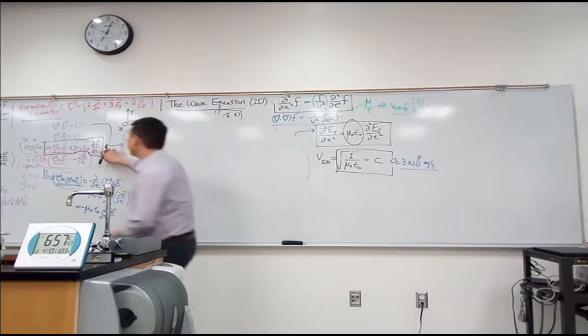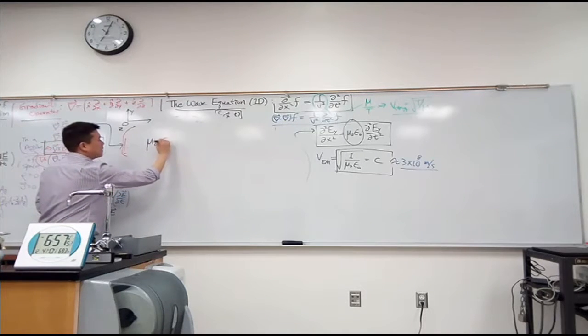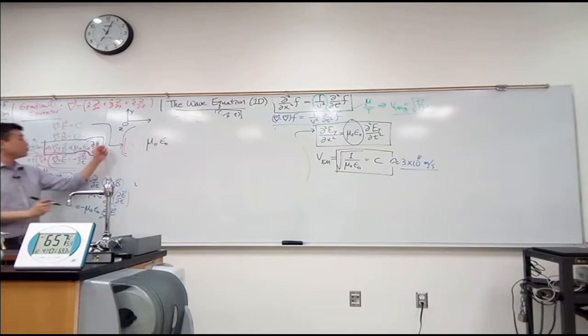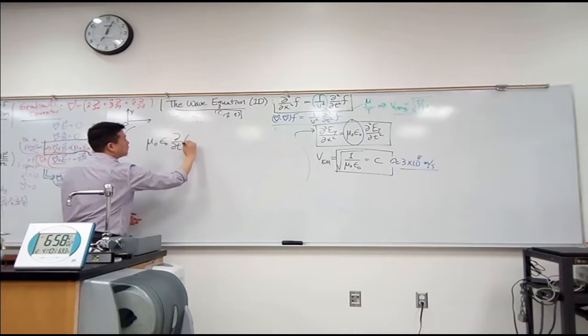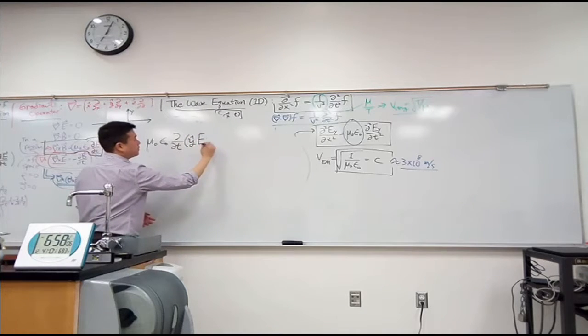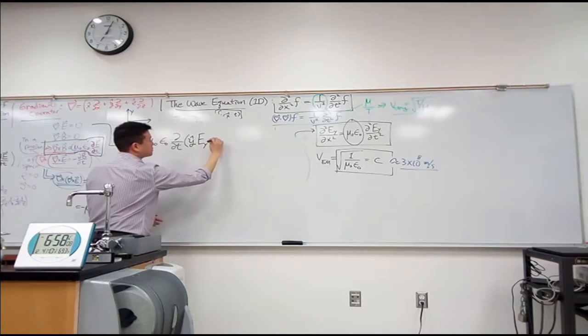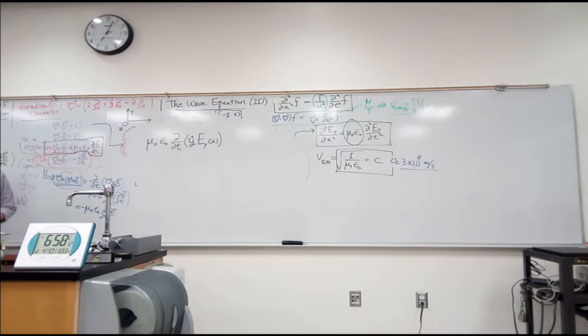So the right-hand side is mu naught epsilon naught, and I'm going to write down the electric field in the simplified form that we have chosen: the time derivative of the y component of the electric field, which only depends on position x. Right? That's the right-hand side here.